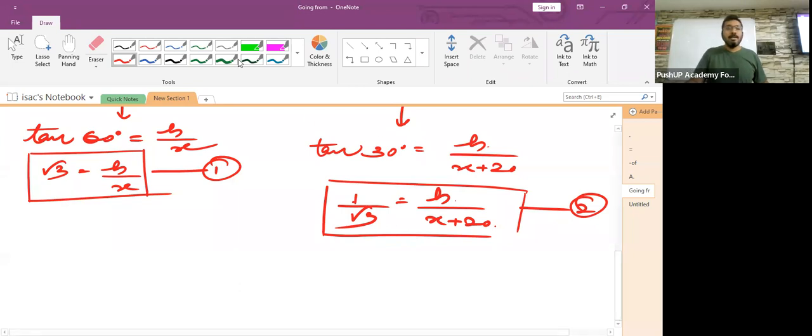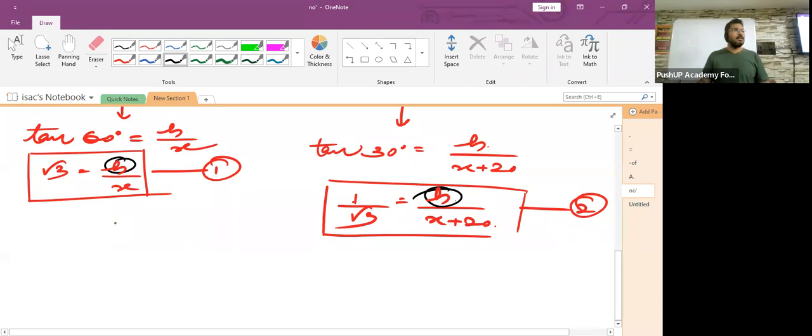Now we had to get the value of H. So I think we don't need this variable X, isn't it? Can we replace the value of X in terms of H? Yes, we can do it. How, children? This way.